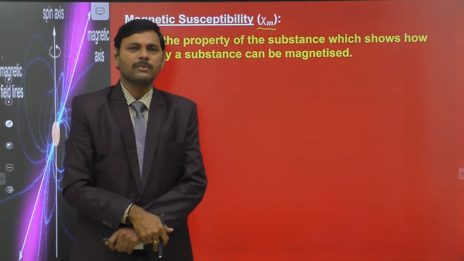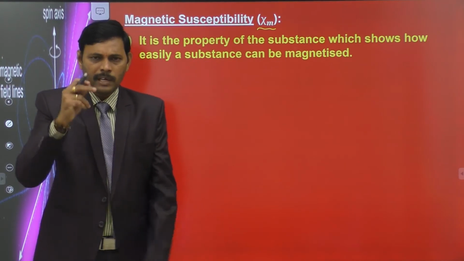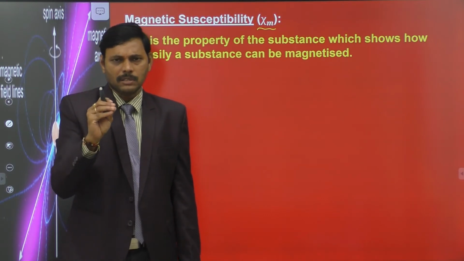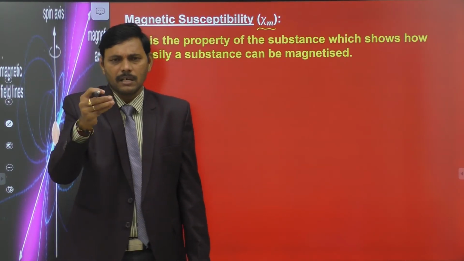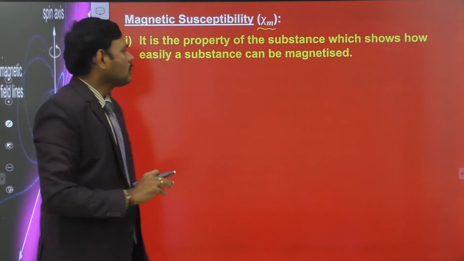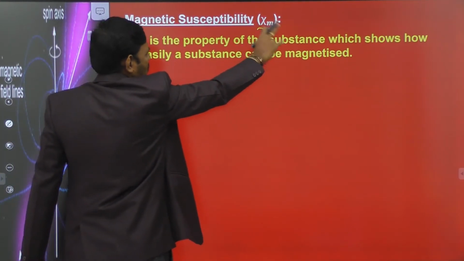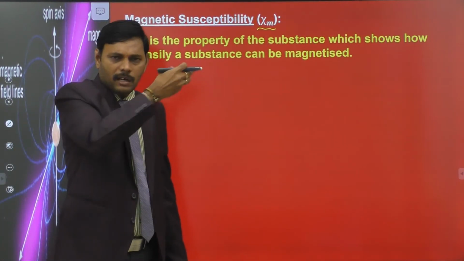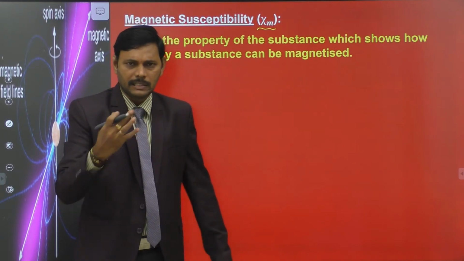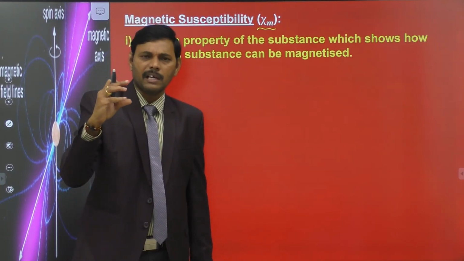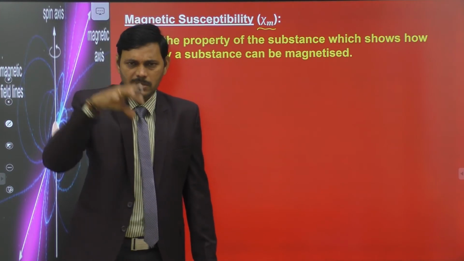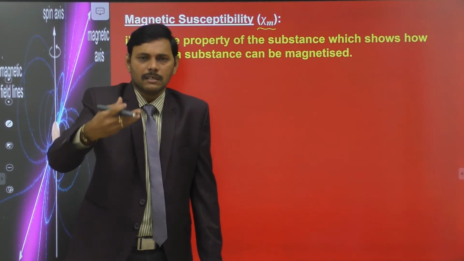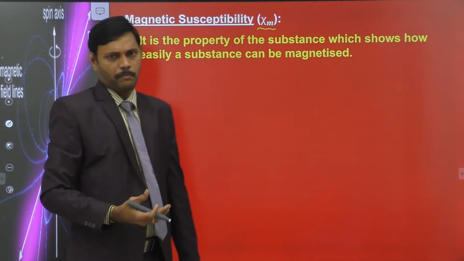So the significance of magnetic susceptibility is that by knowing its value, we know how easily that substance acquires magnetism. According to the explanation given already in this video, when you place any magnetic material such as iron, cobalt, or nickel in an external magnetic field, it acquires magnetism. So it shows how easily that material acquires magnetism.